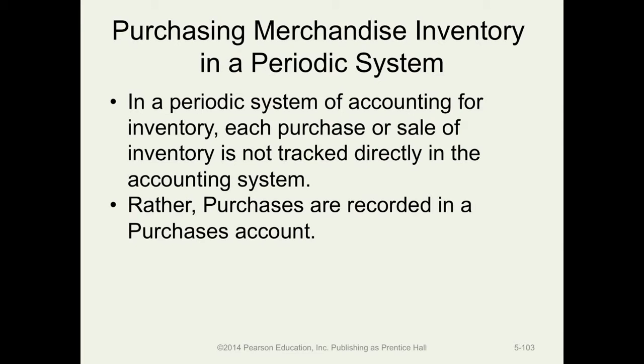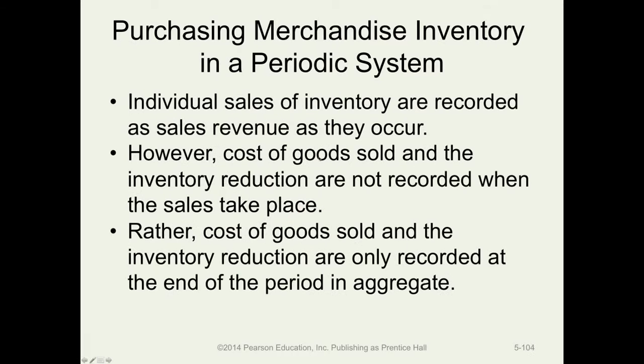There's nothing else in that account, but purchases are tracked separately in the purchases account. So rather than having inventory affected by acquisitions, purchases are accumulated in the purchase account. Sales of inventory are recorded as sales revenue, but we do not record cost of goods sold, nor do we reduce inventory when the sale takes place.